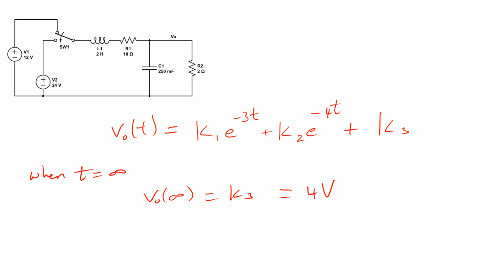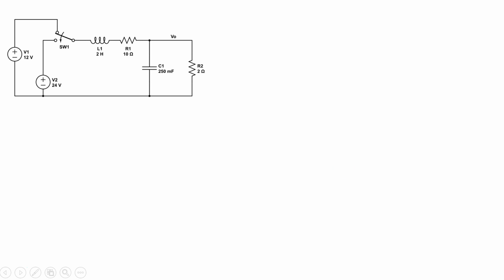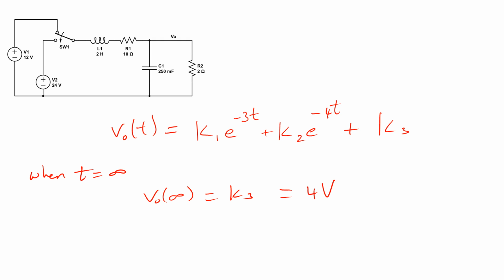So I have my 4 volts there. Now to get the other initial conditions, I have to look at when t is equal to 0. So at t equals 0, I'll get V0 is equal to, this is going to work out to 1 and 1.